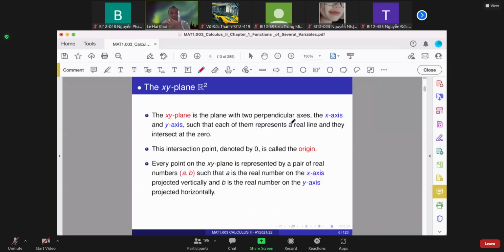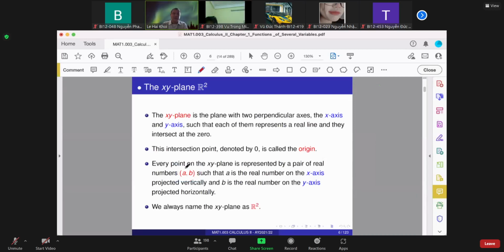And of course, every point on the xy plane is characterized by two coordinates, a and b. a is a real number on the x-axis, b is a real number on the y-axis, right? So that's all the thing you know.